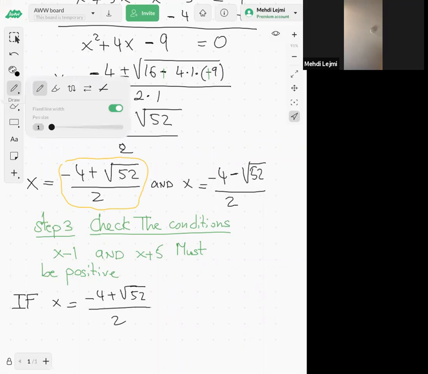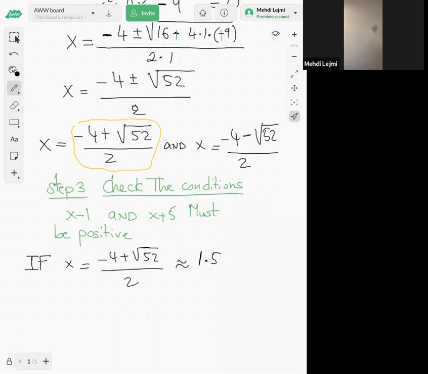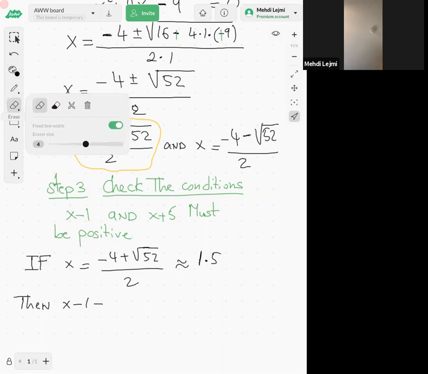So 7 point something minus 4 is 3 point something, over 2, that will be approximately 1.5 something. Then if you do x minus 1, which is 1.5 minus 1, it is going to be positive, right? And if you do x plus 5, of course, it is also going to be positive, right?